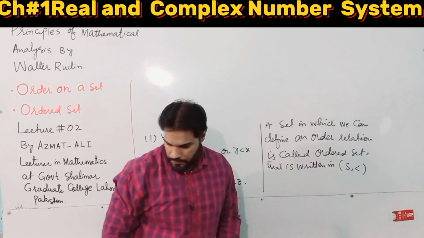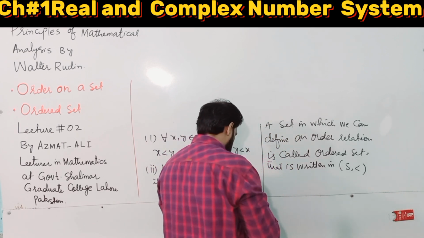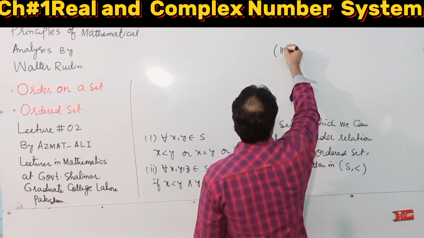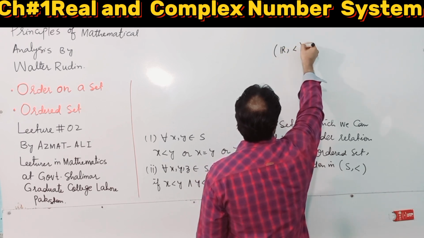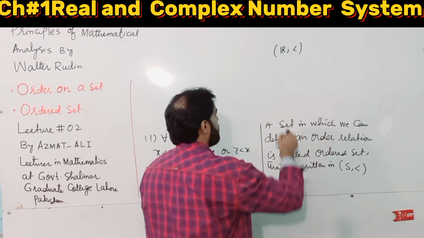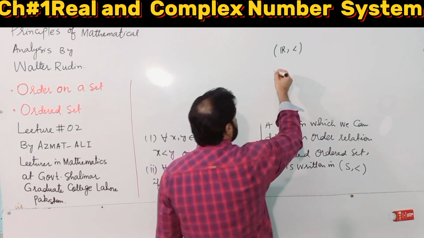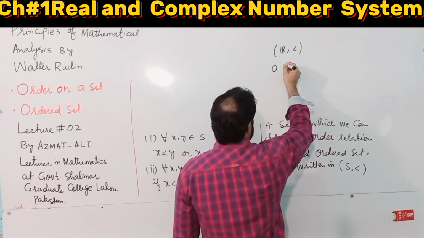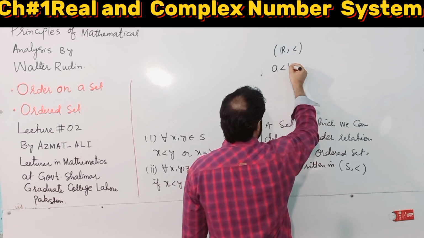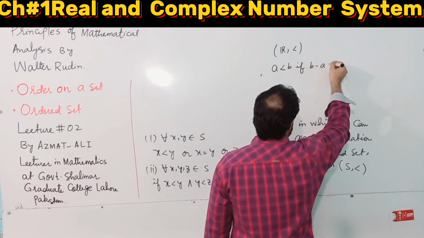For example, we say that the set of real numbers R with this less than sign is an ordered set if the order relation is defined as A is less than B if B minus A is positive.